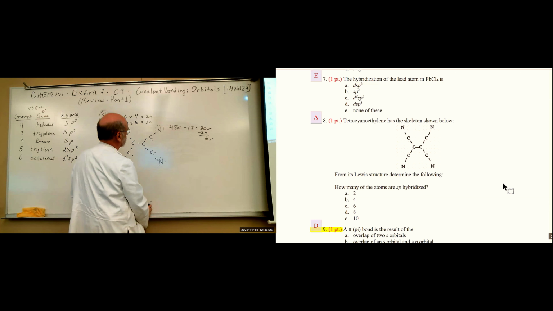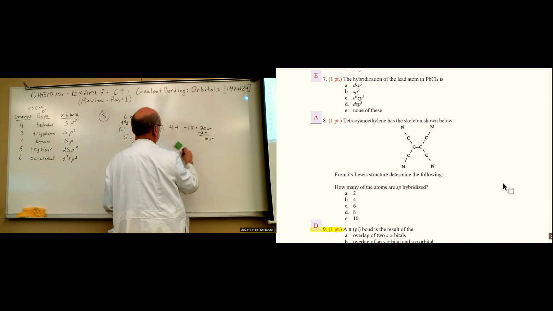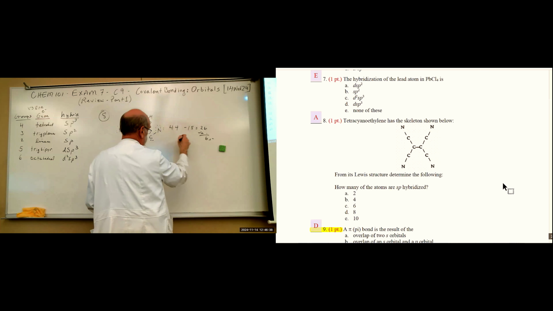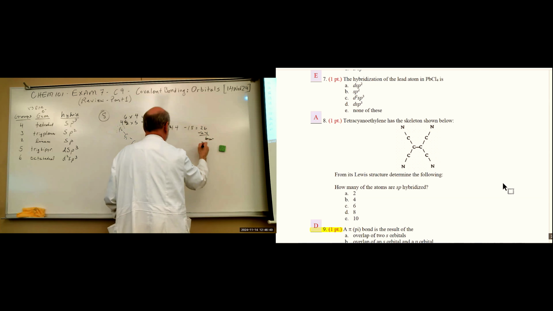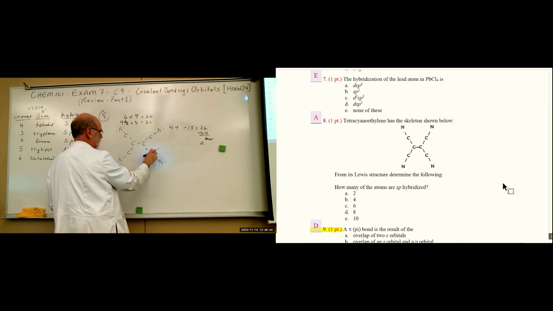Oops. Didn't I make a mistake? That's 44, and then 24. That means only 2 electrons left. Okay. It's good to keep an eye on yourself.